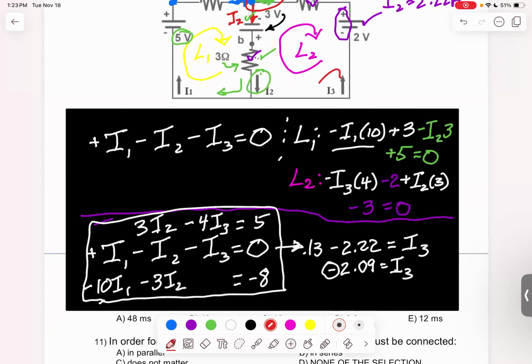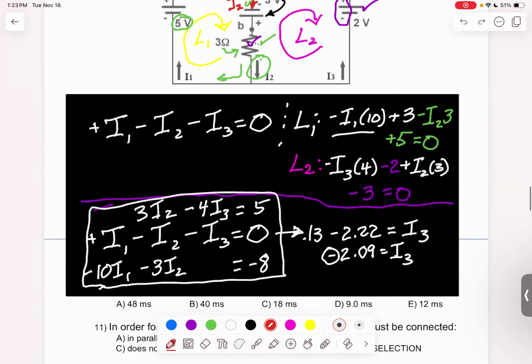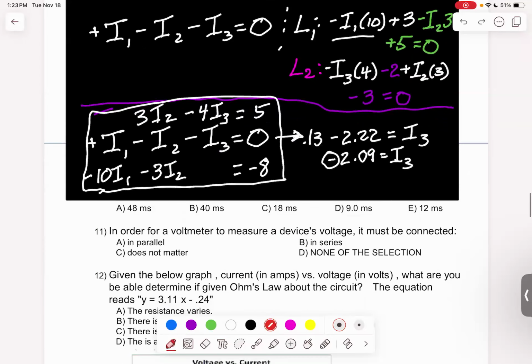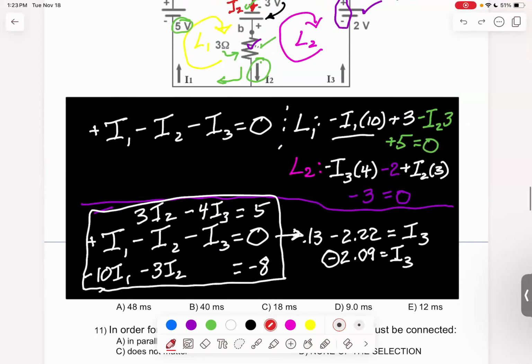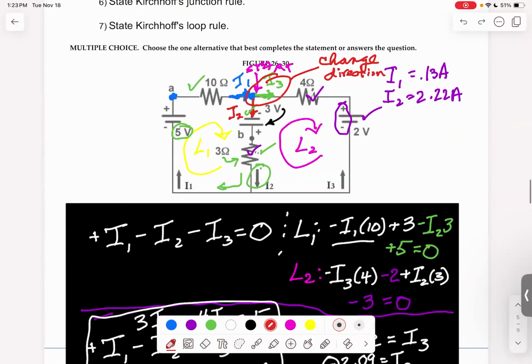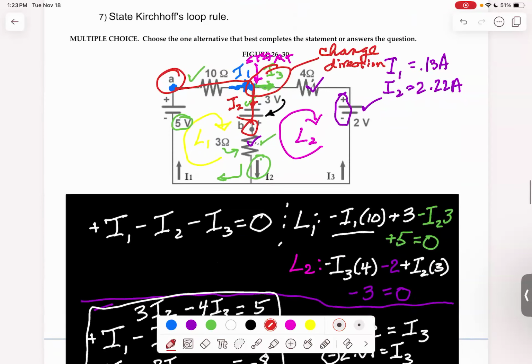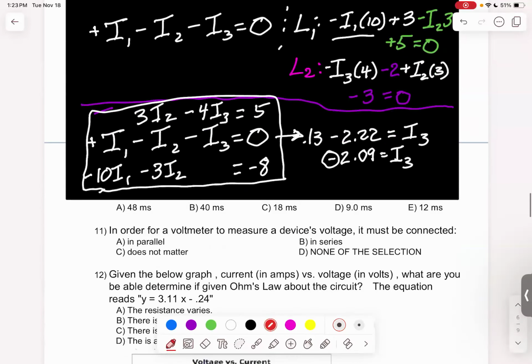And it was as what was given. So I3 is that. We know I2. So I think we should be good. So now if we're trying to figure out the voltage drop from A to B, traveling in this pattern here, we should be able to figure that out.